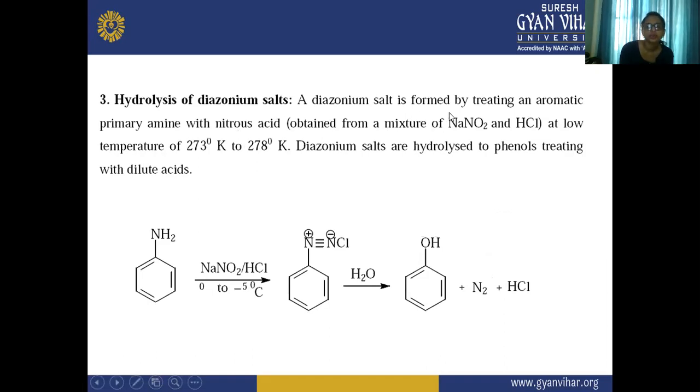Next is hydrolysis of diazonium salt. A diazonium salt is formed by treating an aromatic primary amine with nitrous acid, which is obtained from a mixture of NaNO2 and HCl, at 0 to 5 degrees centigrade.